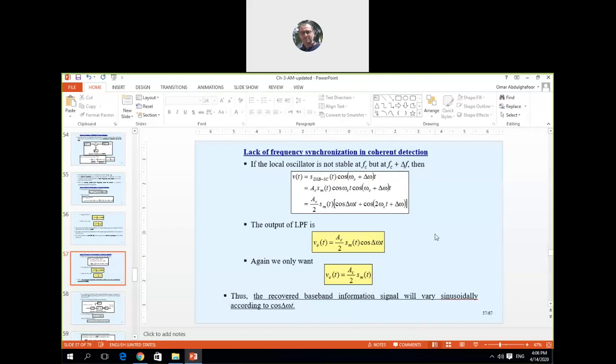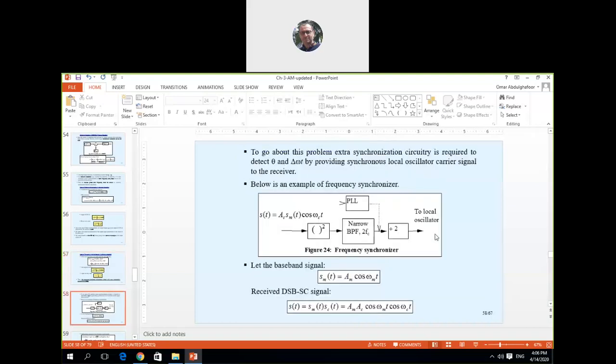So we need to minimize any phase shift or frequency variation before we reach the local oscillator.